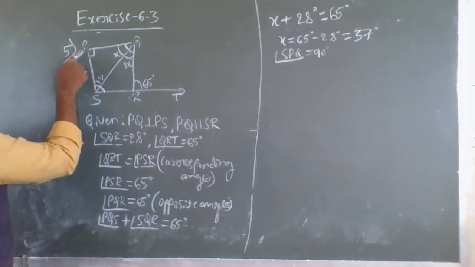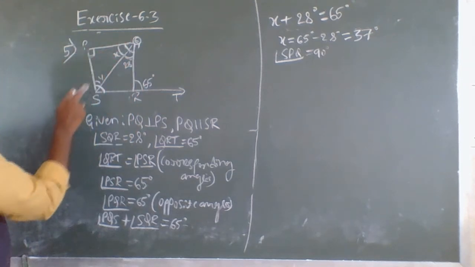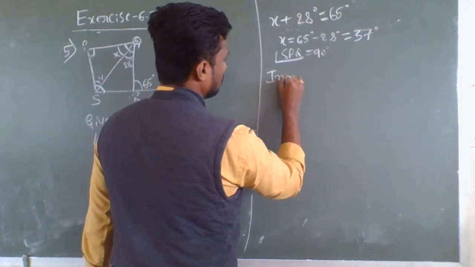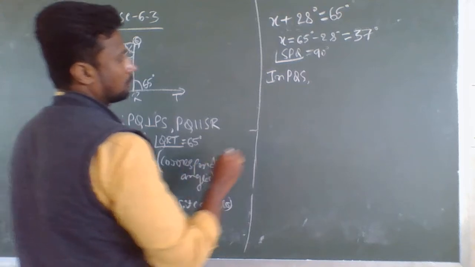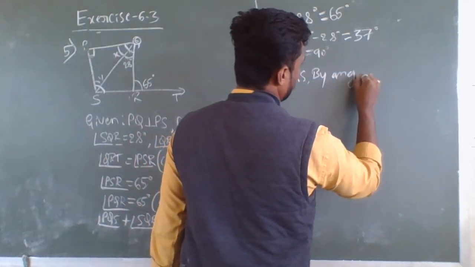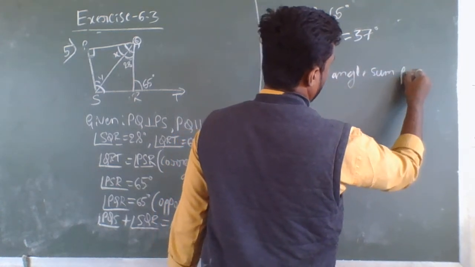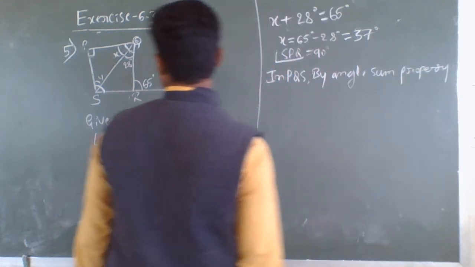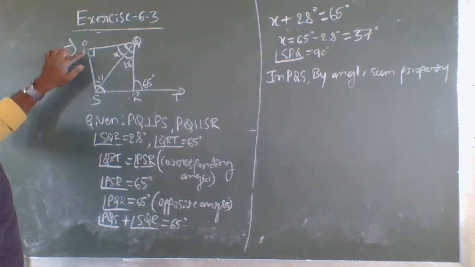In triangle PQS, by angle sum property, what are the three angles here?